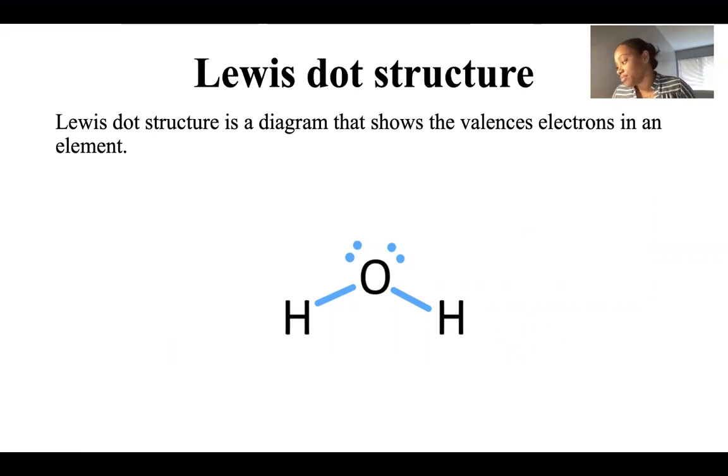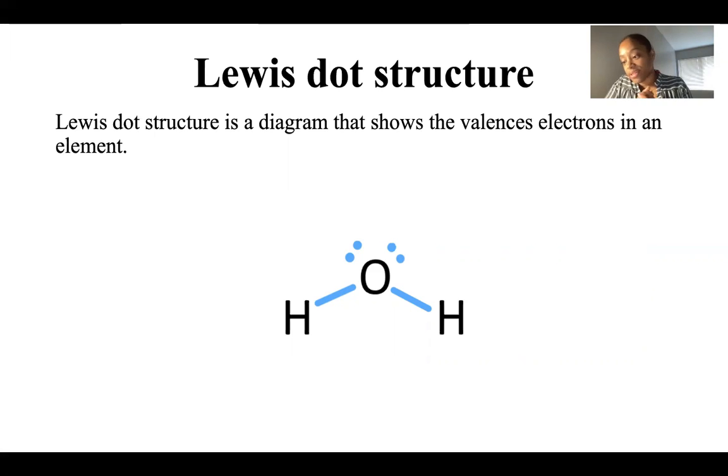The nucleus of the element is represented by its symbol, and the valence electrons are represented by the dots placed around the symbol in pairs, like you see here in the picture. You can easily see when an element's valence shell is incompletely filled, because you'll see one dot hanging around instead of two pairs.